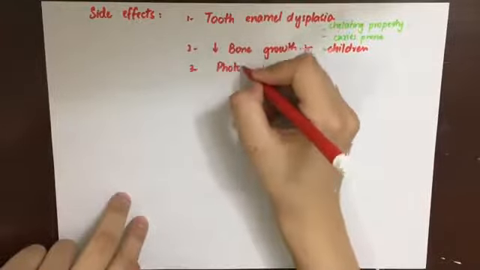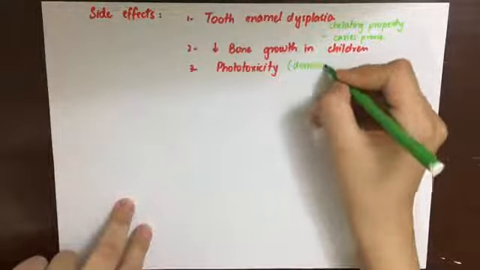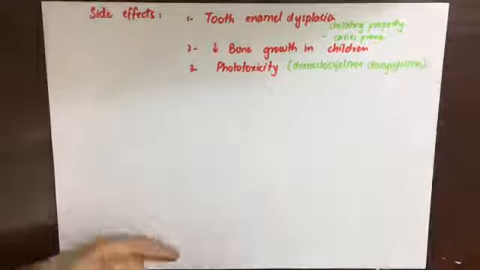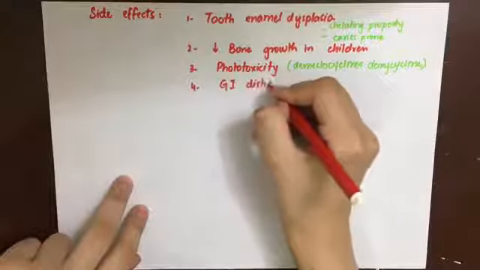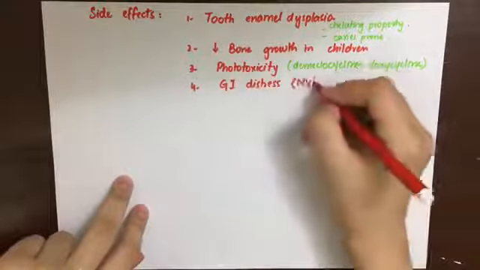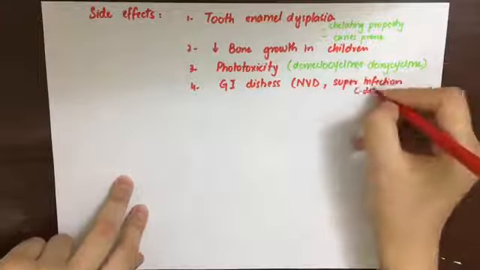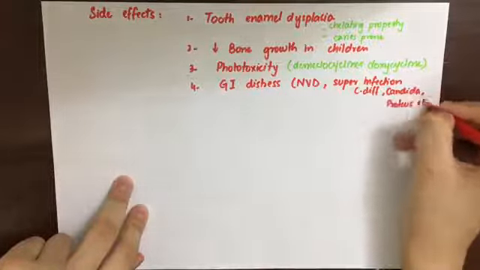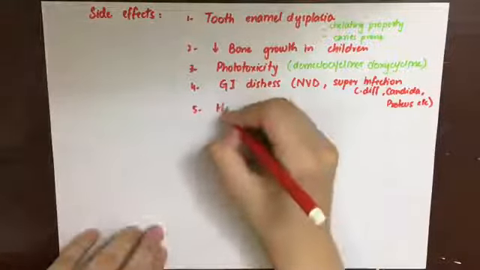They are also associated with phototoxicity, especially demeclocycline and doxycycline, and they manifest as sunburn like rashes and also pigmentation of nails. They can cause GI distress, that is, nausea, vomiting, diarrhea, and also superinfection because as they are incompletely absorbed, the gut flora is disturbed, leading to superinfection, of course, by C. difficile and also by Candida and Proteus, etc.